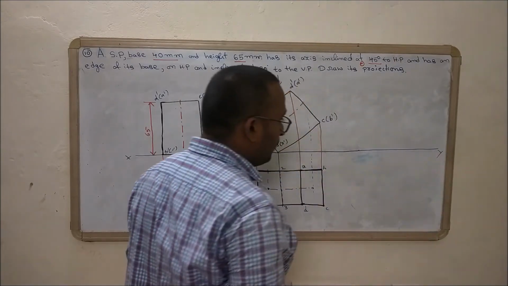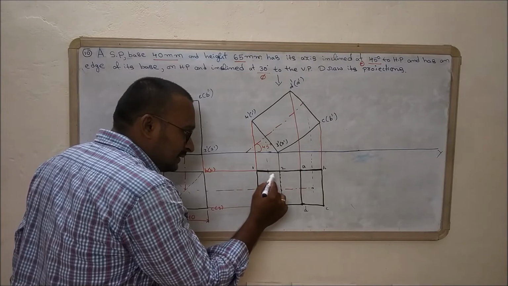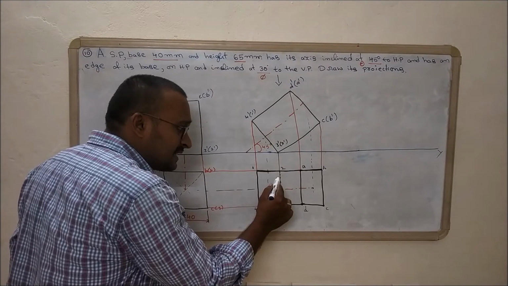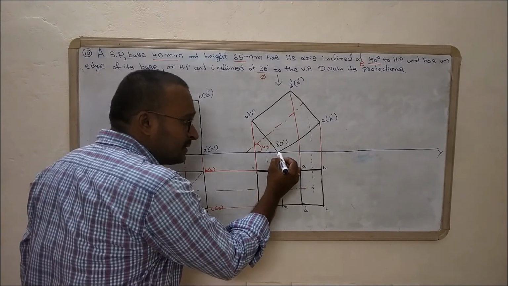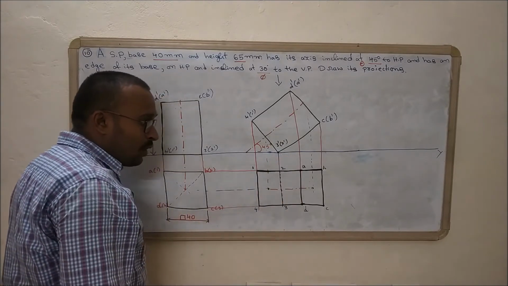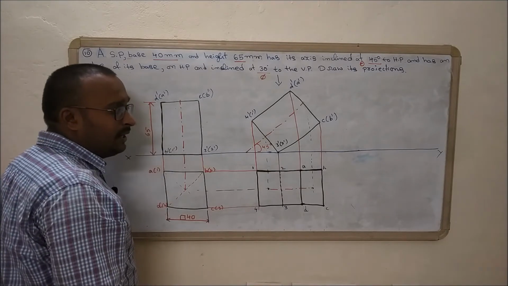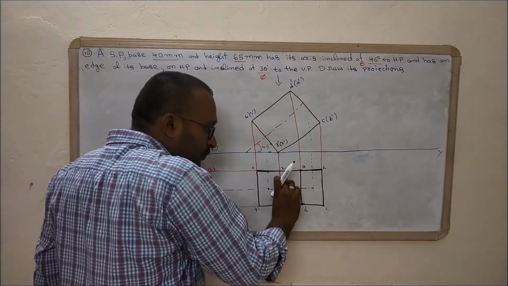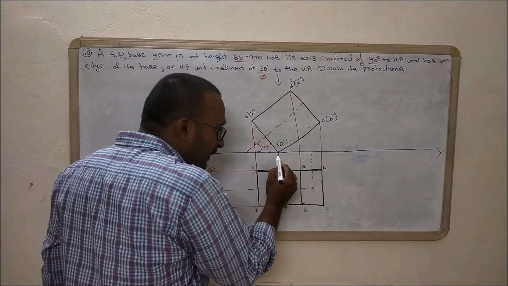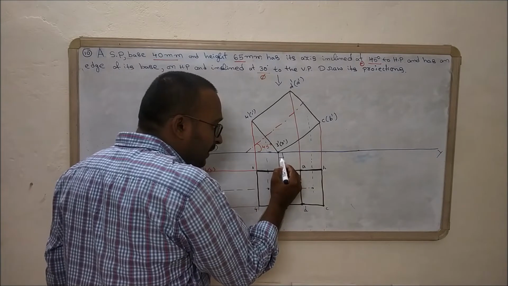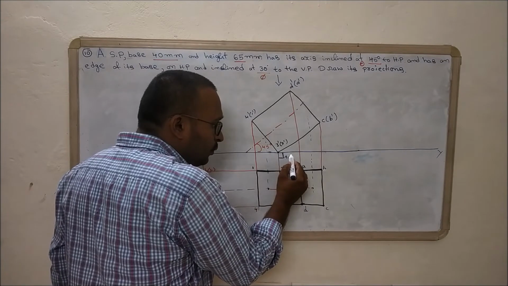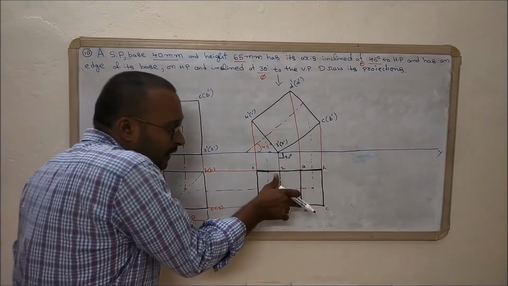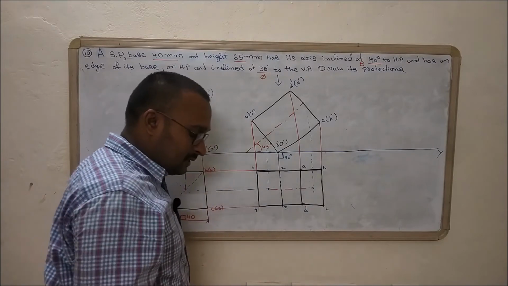So here this is the edge of the base which is resting on HP, that is the 3 dash of 2 dash line is resting on HP. So we are going to tilt. Actually now it is perpendicular to the VP. We need to make these edges 30 degrees inclined, either this way or this way, whichever is convenient.